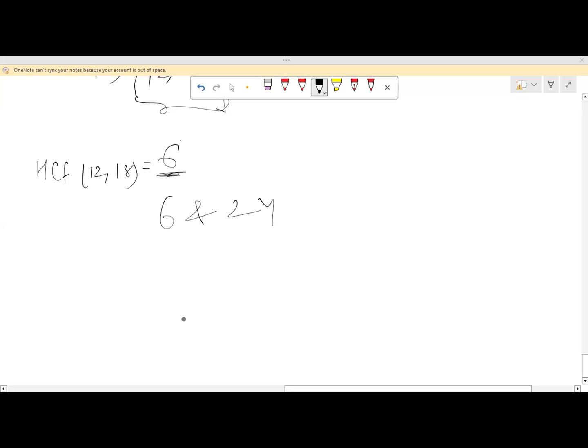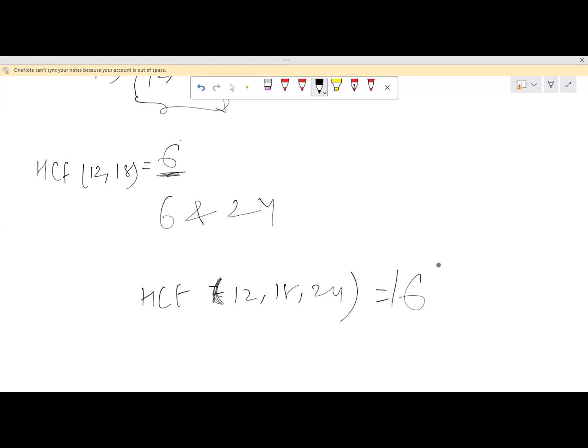So what is the HCF? 6. Very good. The ultimate HCF, the actual HCF of all the 3 numbers is 6. Yes, ma'am, even I got it. Okay, very good. Now will you guys be able to solve these 3 numbers questions? Yes. All right.